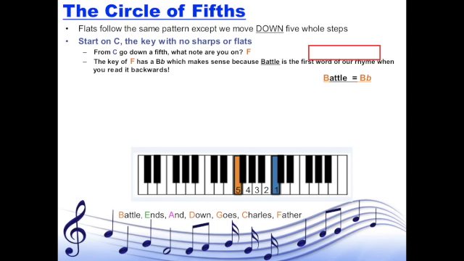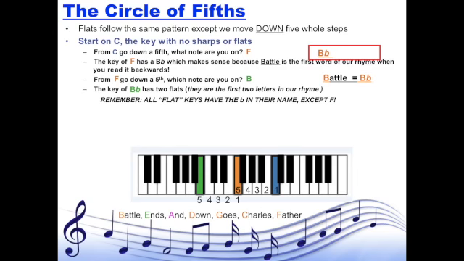Now if we go down 5 from F, we're going to land on a B. And when we land on the B, we know that this is our second place we've landed.